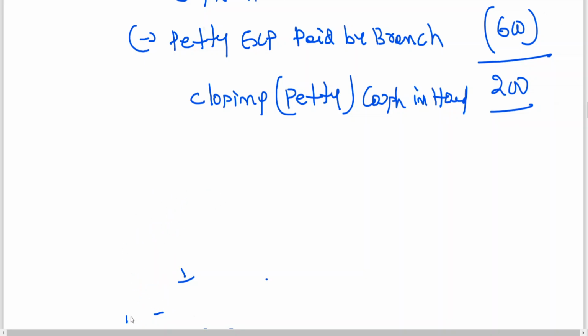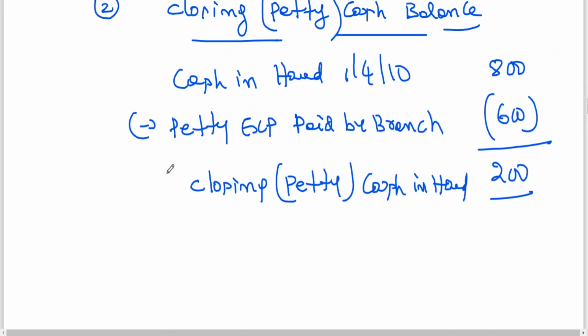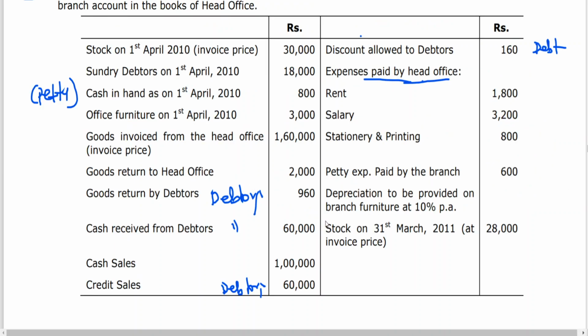Next, third point. These things I am writing for you to understand, otherwise this you can do in the branch account itself. Point number 3. Furniture, office furniture, 3000. Depreciation how much has been given? 10%. 3000 minus 10% on 3000.